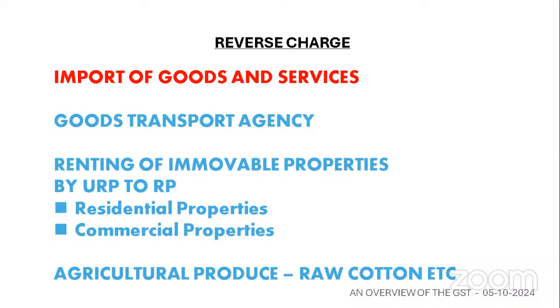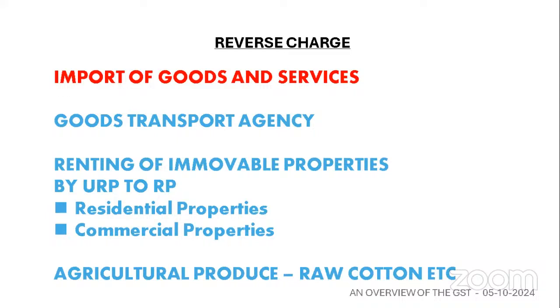And the people started protesting against the government for the increase in the prices. Immediately, the government negotiated with the goods transport agencies and they withdrew the levy of the service tax on GTA services. However, the mind of the government to recover the tax from GTA was there.